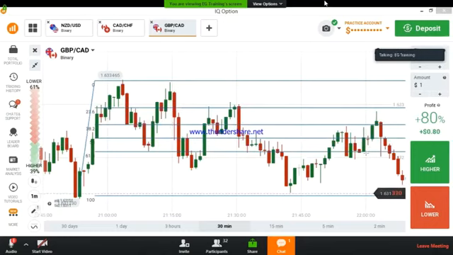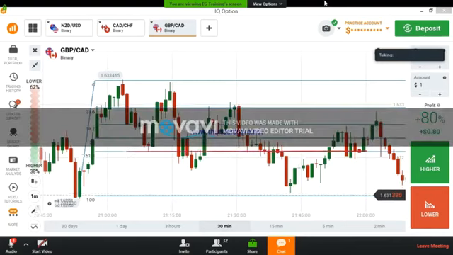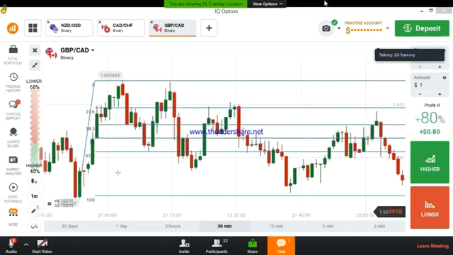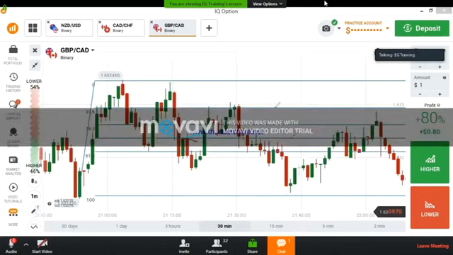So here there is a level, it reversed. Here also it reversed, and here also there is a reversal. There are some reversal points at the 61.8 level, and at the 50 level we have only one or two, maybe three reversal points.